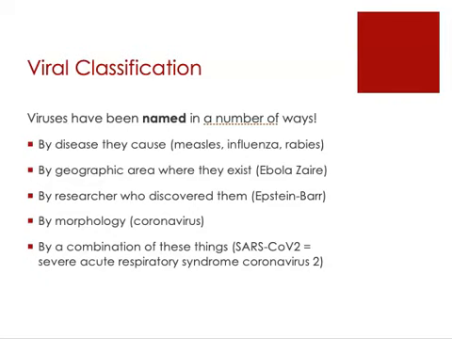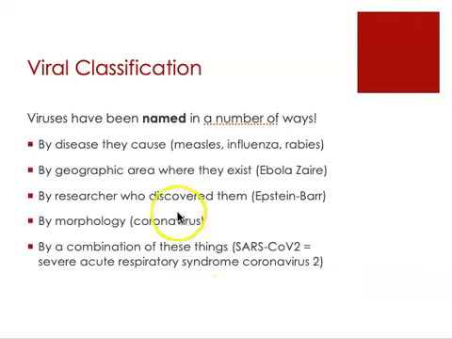Some viruses are named according to their shape. The coronaviruses, for example, got their name because underneath the electron microscope, they look something like a circular structure, a spherical structure, wearing a crown of spike proteins. Someone looked at the coronavirus and thought of those spike proteins like a crown.